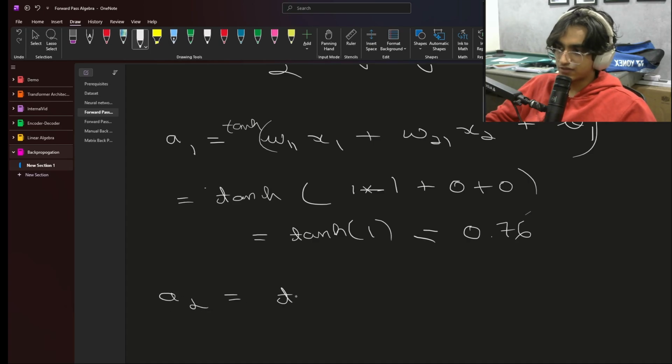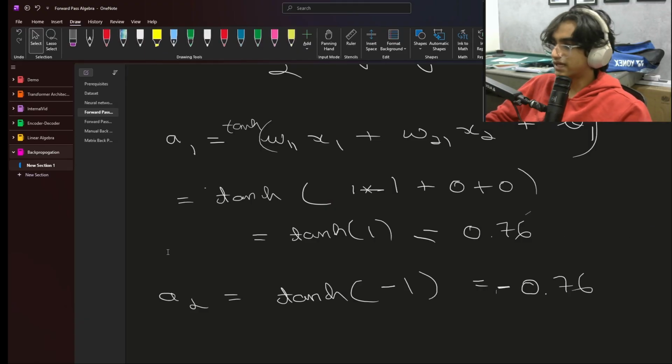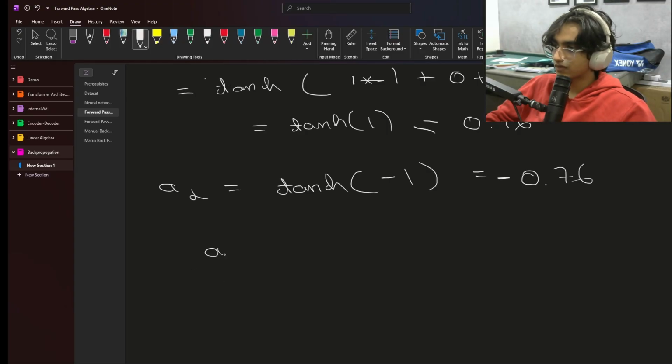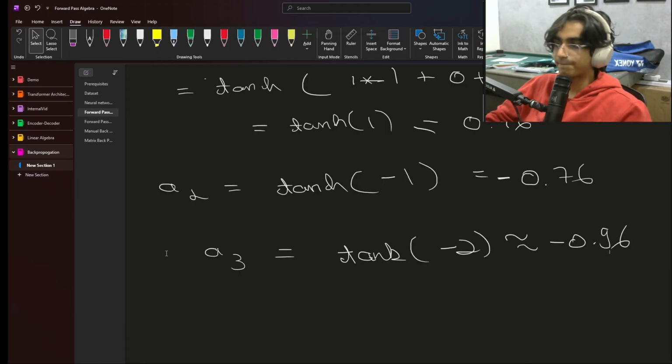A2, once we substitute it, will ultimately be tanh of -1, which is approximately negative 0.76. And our third, A3, is just going to be tanh of -2, which is approximately negative 0.96.